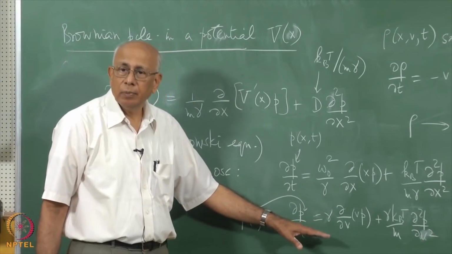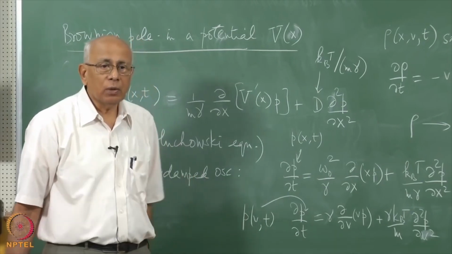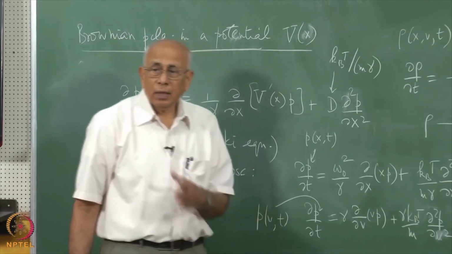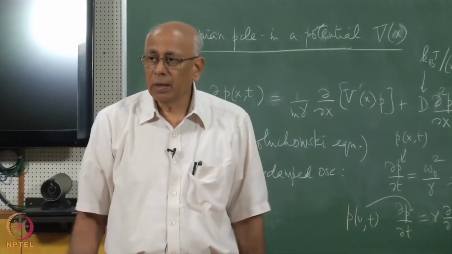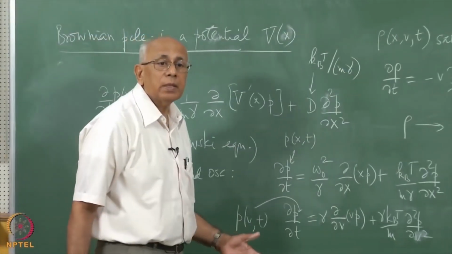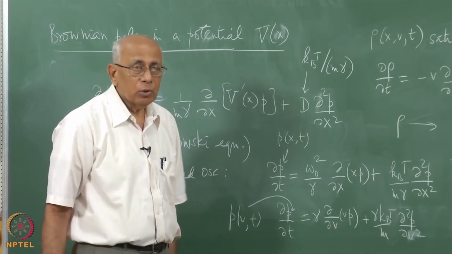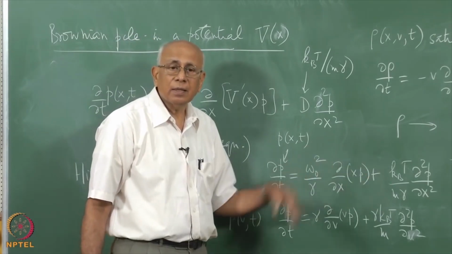The Ornstein-Uhlenbeck distribution with a mean which went like v naught e to the minus gamma t, and a variance which started with the delta function with 0 and then went to the variance of the equilibrium Maxwellian. So, there was an equilibrium distribution which was precisely the Maxwellian distribution. This is exactly the same, mathematically exactly the same problem.